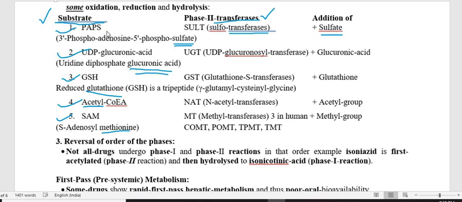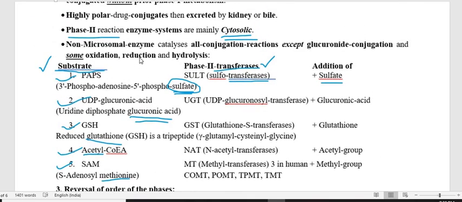So if the substrate is PAPS, that is phosphoadenosine phosphosulfate, this is going to give the addition of sulfate to the drug, forming the phase 2 metabolites. We are going to discuss these one by one.